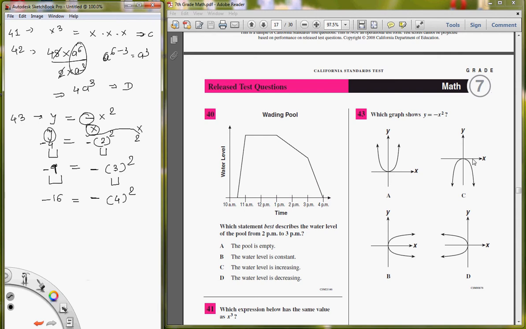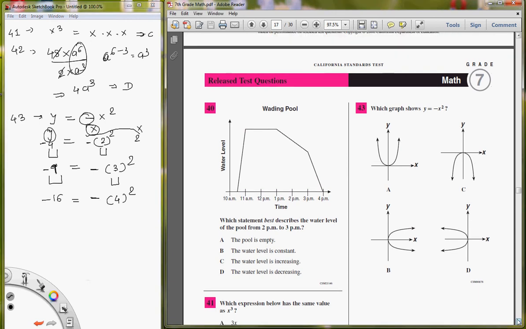Let's say x equal to around 2 here, then if I draw the line here, it will be negative 4 here. So C will be the correct answer for this question. So question 43 will be C.